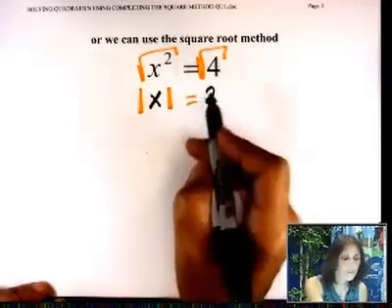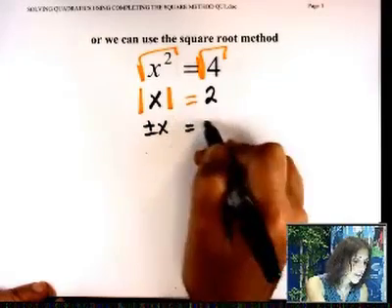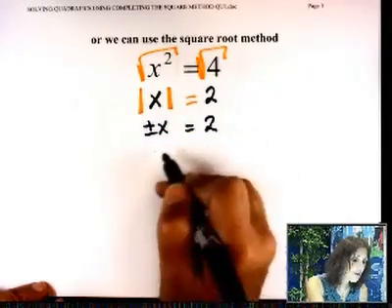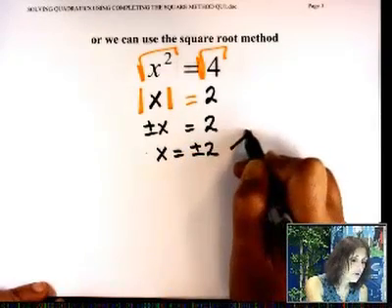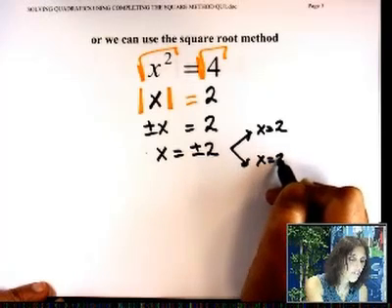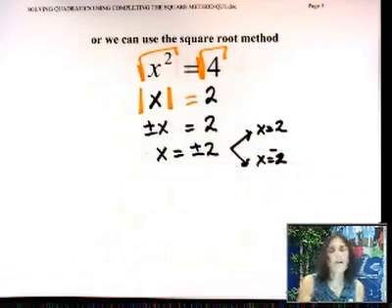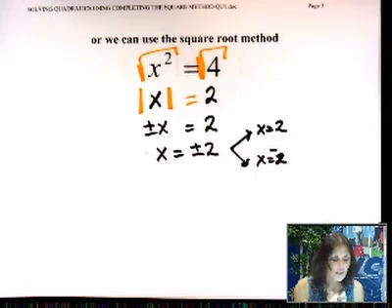When you remove the absolute values, you're going to get plus minus x. And then you move the plus minus on the other side, which means x equals 2, x equals negative 2. And if you look at the previous page, it is the same answer.